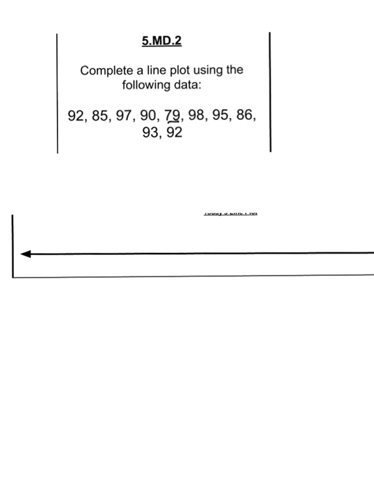I'm going to go ahead and use 79 as my lowest value. And it looks like my highest value is going to be 95. 95? Yes. Okay, so I've got 1 on 95 and 1 on 79. 92.